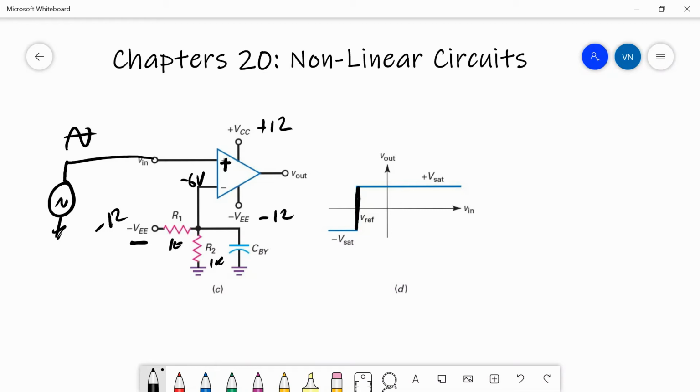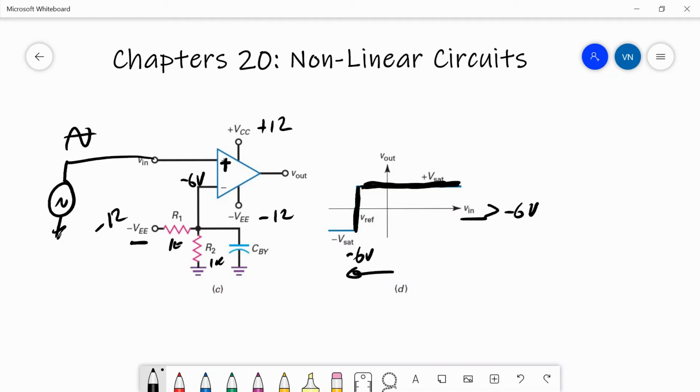So the reference has moved into the negative part of the graph because it's now happening at minus 6 volts instead of 0. And when you have a voltage applied to Vin which is greater than minus 6 volts, then the output is a positive voltage, and it goes up to the upper rail.